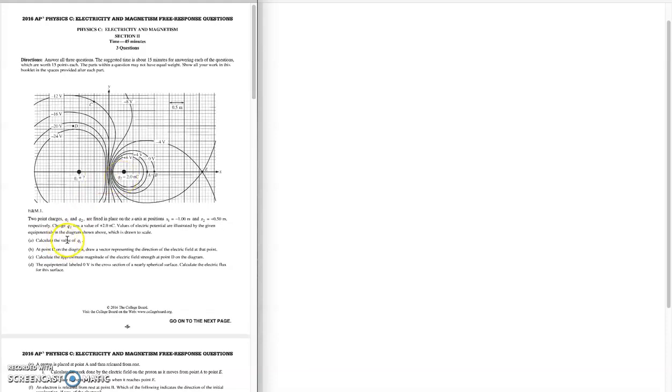Looking for the value here, we can use voltage. So voltage from 1 plus voltage from 2 is going to be the voltage at point B. And the voltage at point B is 0.